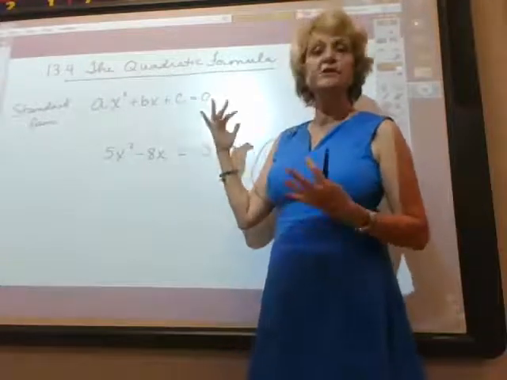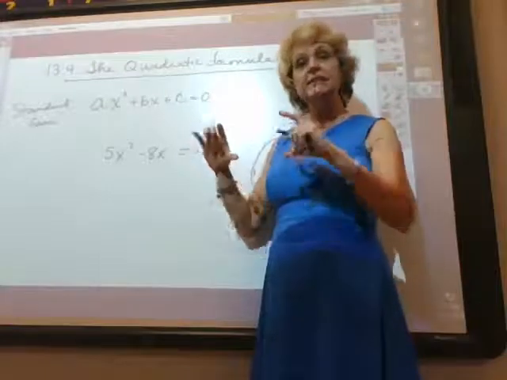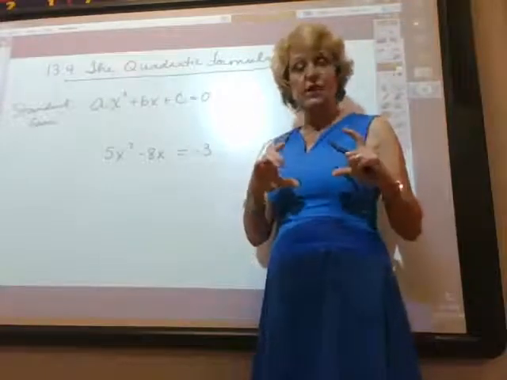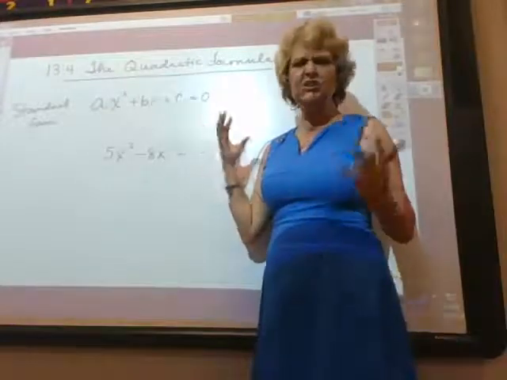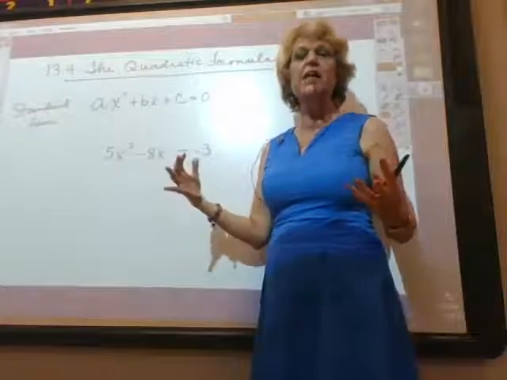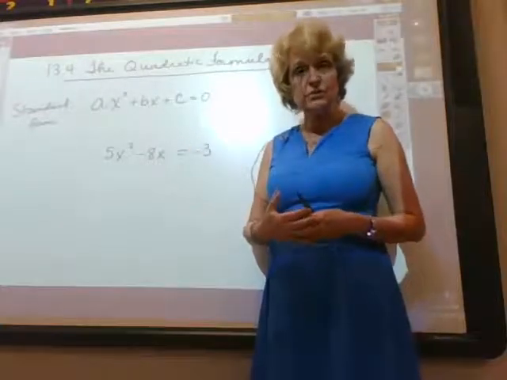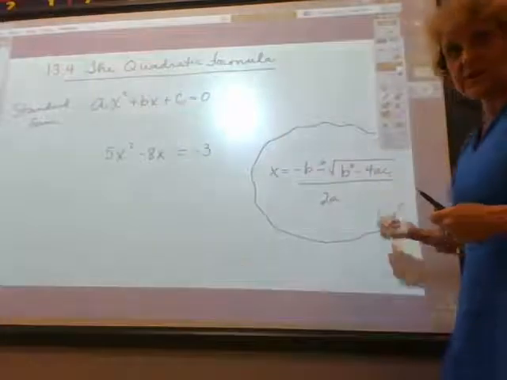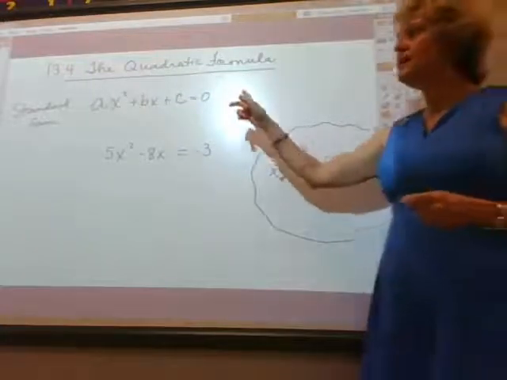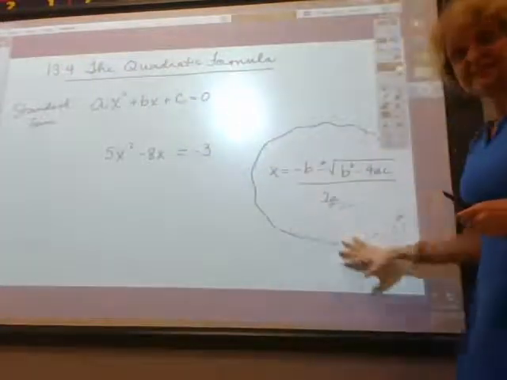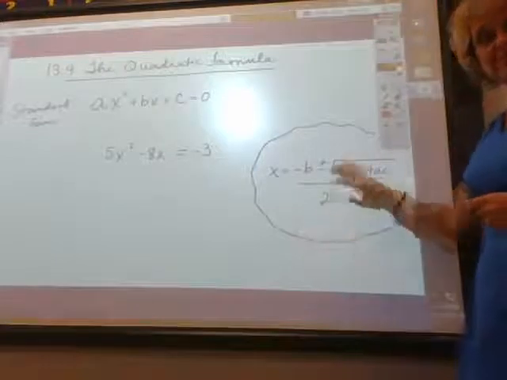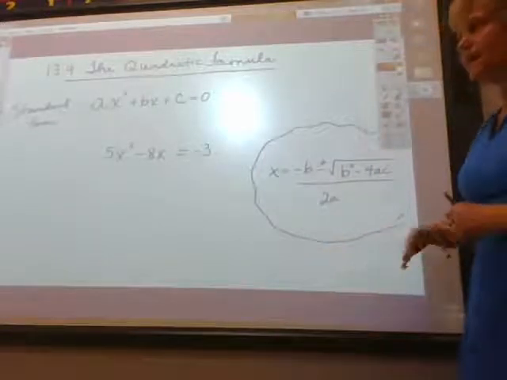Once you get that, if you tried trial and error to factor and it just didn't work or it took you too long, then what you can always do is use the quadratic formula. You can plug those a, b, and c into this and get your two solutions, your two roots, okay?